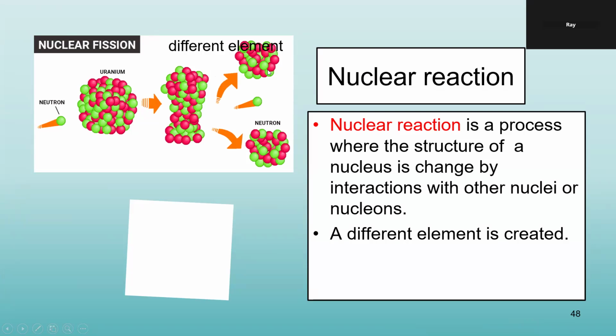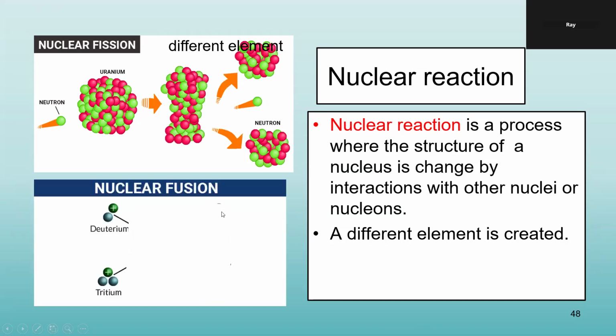These two are different elements from the uranium. Or fusion: deuterium and tritium, force them together, they produce helium and a neutron, and then energy is released. So both processes produce energy.